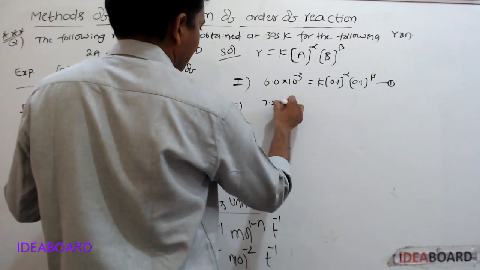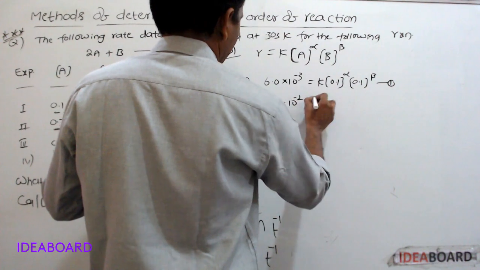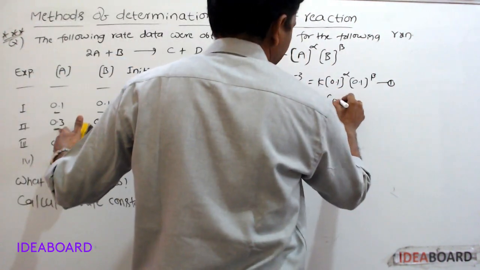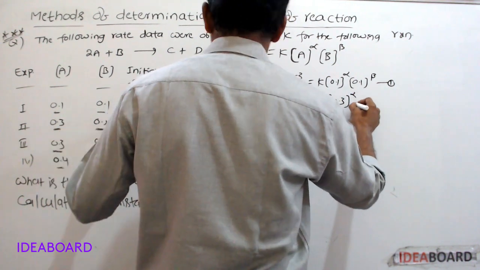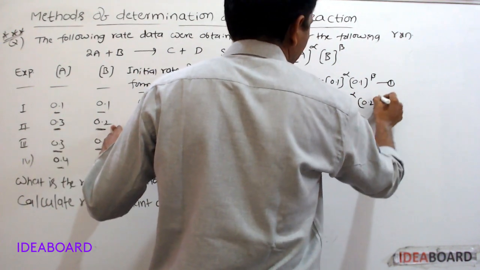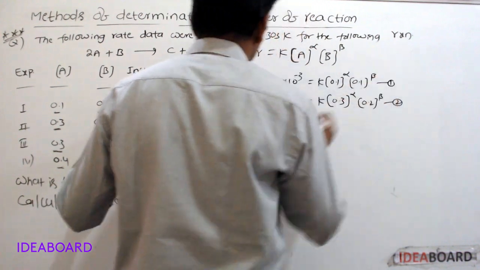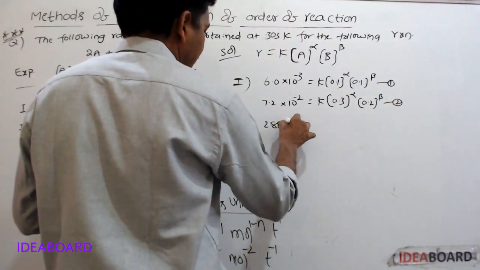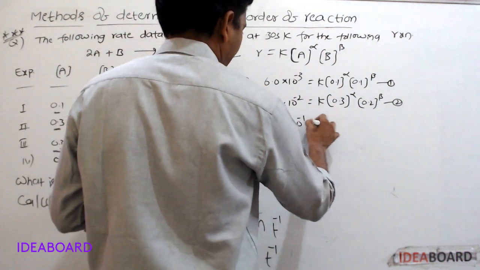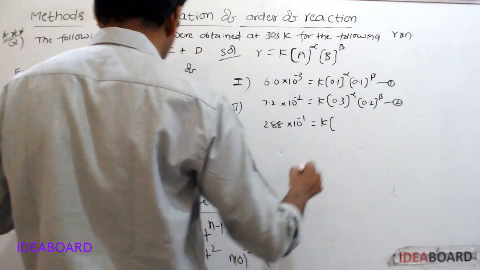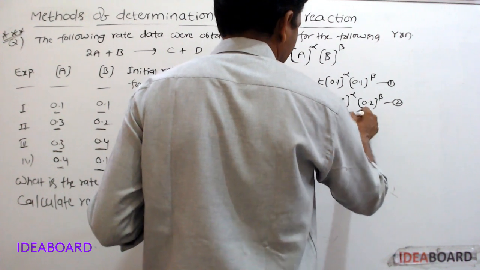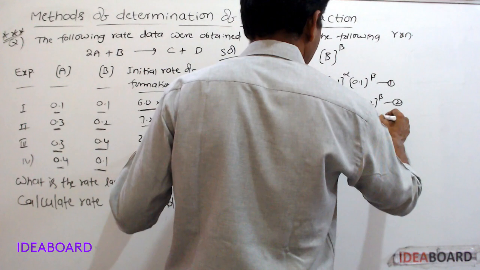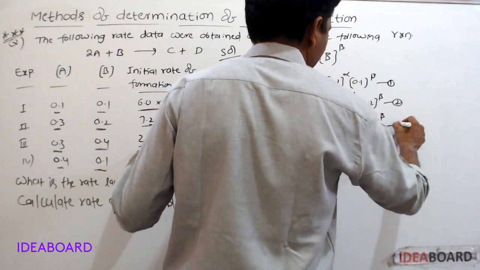Rate is equal to K into A concentration 0.3 power alpha, B concentration 0.2 power beta. Second equation. Third experiment. Rate is equal to K into A concentration power alpha, B concentration power beta.